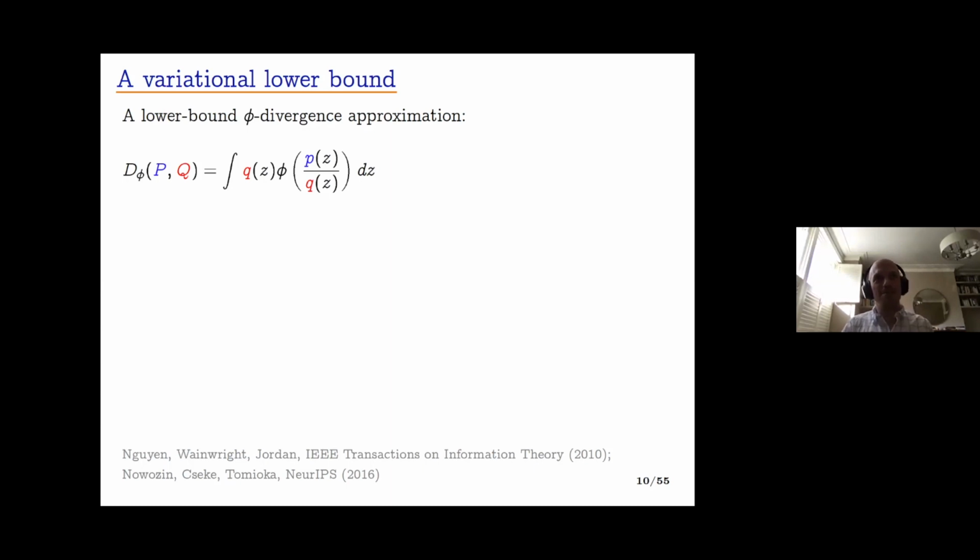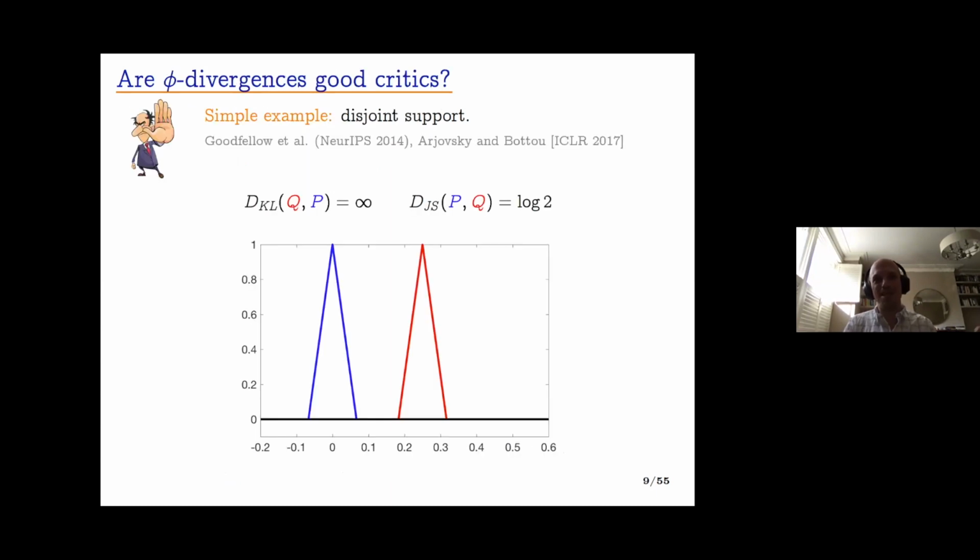In particular, what we're going to be doing is getting a lower bound on the phi divergence, and this is what we'll end up optimizing. You might argue that minimizing a lower bound is not a good idea, but in this case, it's a lower bound on something that, as we've seen, is always infinity. So in fact, the lower bound will be a practical signal, even when the KL is not.